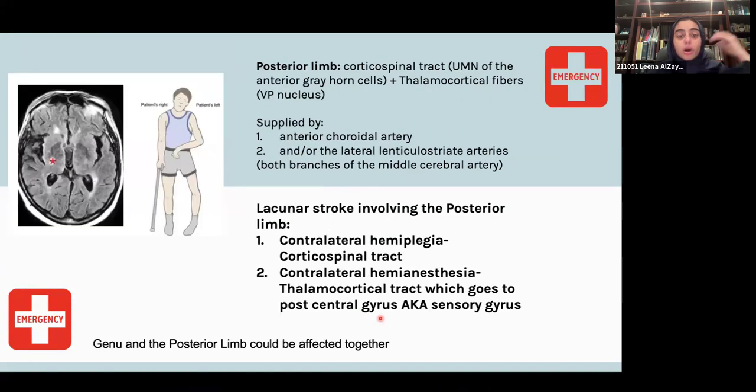So if you're losing the fibers that are going to the sensory gyrus, it will never reach the postcentral gyrus. So that's why you will have loss of sensation, not necessarily because the spinothalamic tract or the dorsal column was lost, but because it didn't even reach the postcentral gyrus, which is the sensory gyrus of the brain. So that's why you lose the sensation, due to the thalamocortical fibers coming from the ventral posterior nucleus of the thalamus.